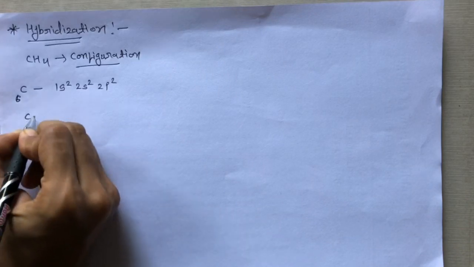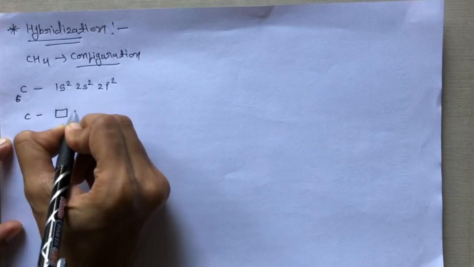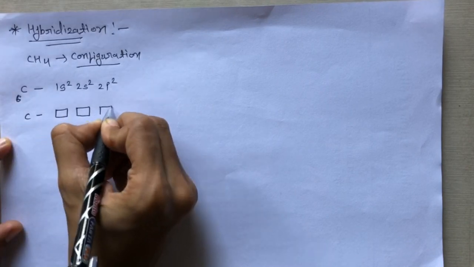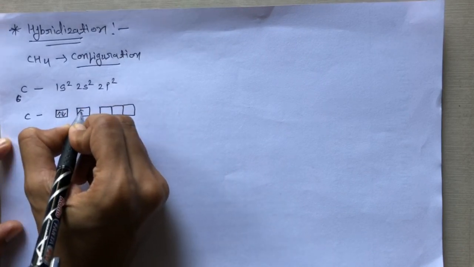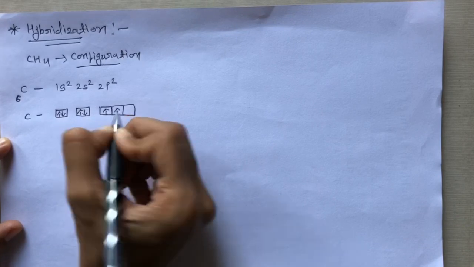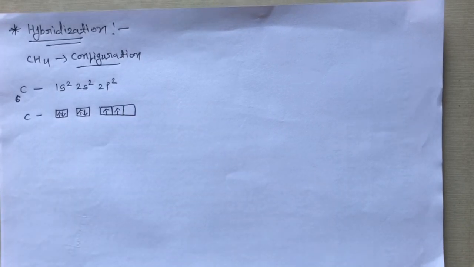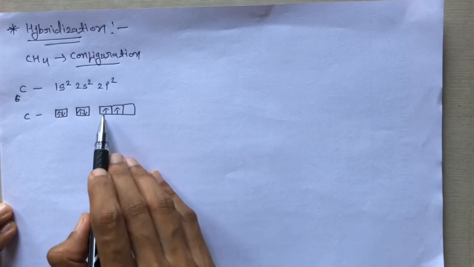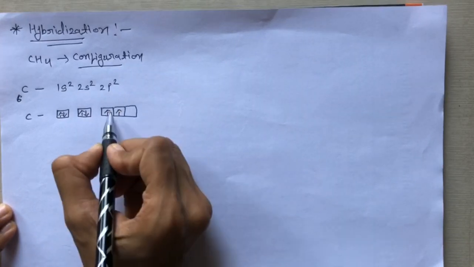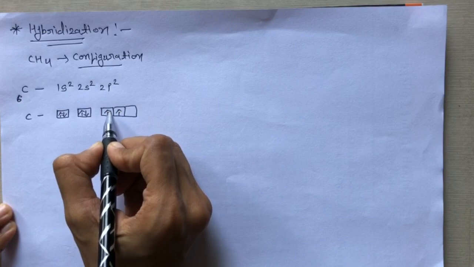So now let us do it in boxes so that we understand better. For carbon we have electrons, right? 1s2 is 2 electrons, 2s2 is 2 electrons and 2p has 2 electrons. Why do I put the electrons this way?